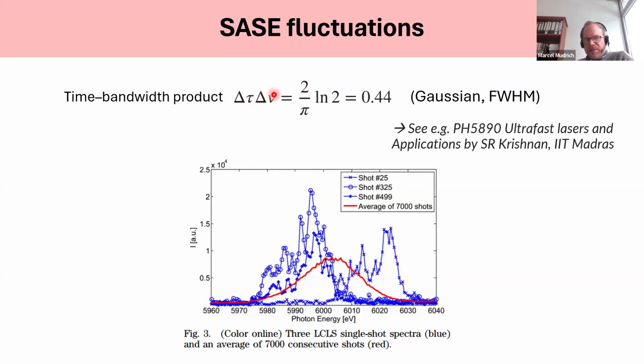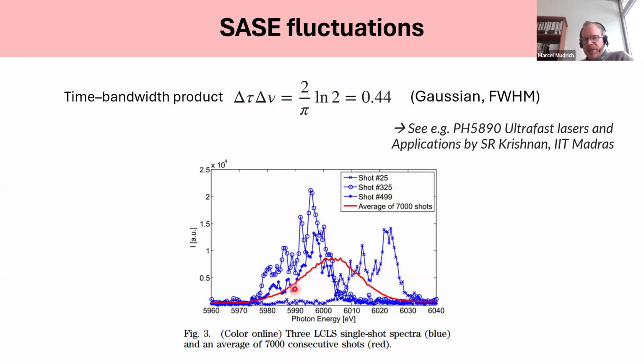According to Heisenberg's uncertainty principle, the product of time uncertainty and energy, or frequency, uncertainty is just proportional. So this product of time uncertainty and frequency uncertainty is a constant.